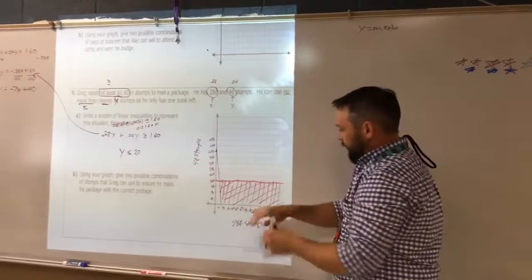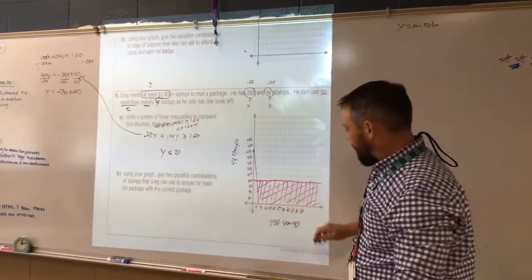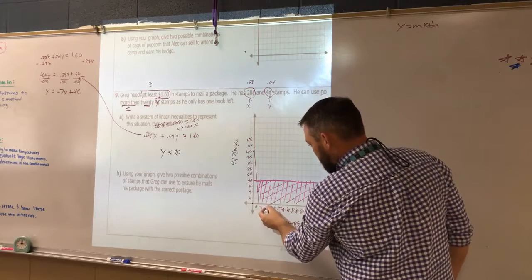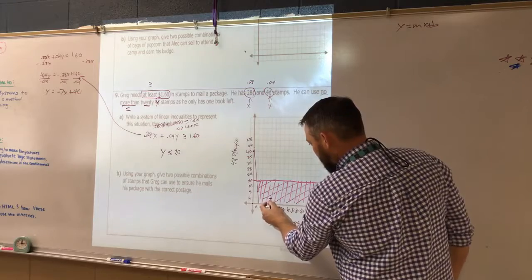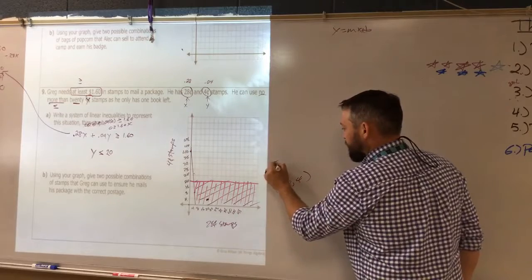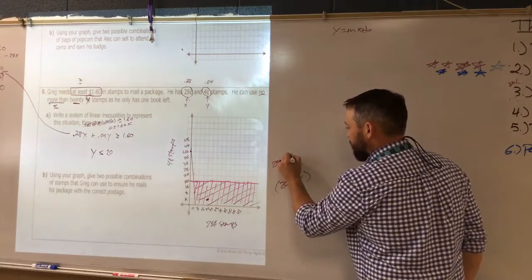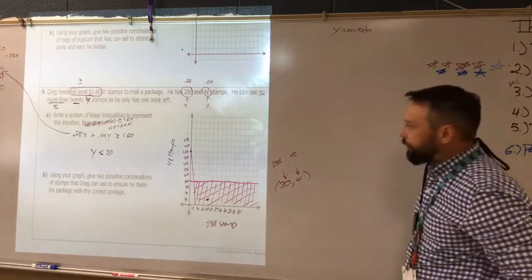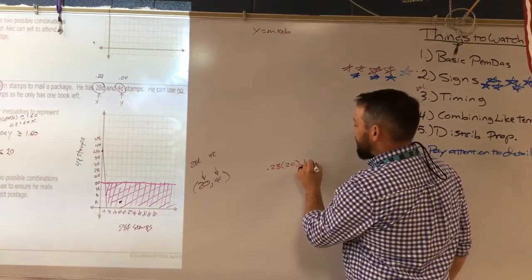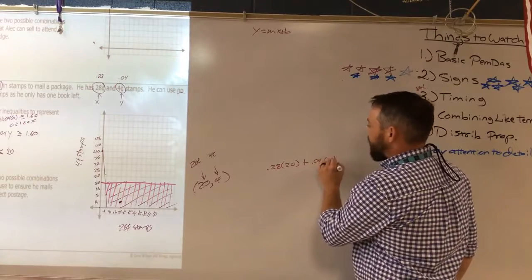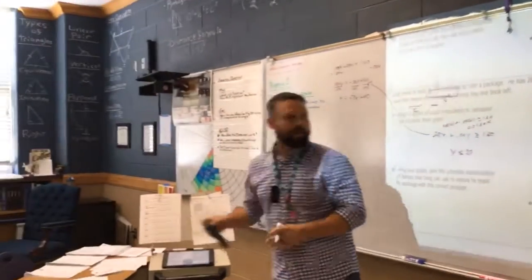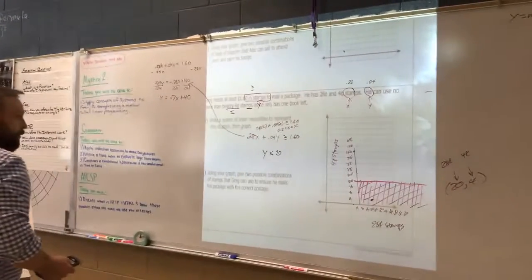If I took any point inside of here, I'll do one real quick. Let's say I did 20 and 4. So this is the 28-cent stamps and this is the 4-cent stamps. Will 0.28 times 20 plus 0.04 times 4 exceed $1.60? Oh goodness, didn't mean to touch that.